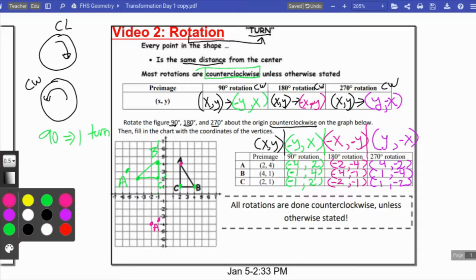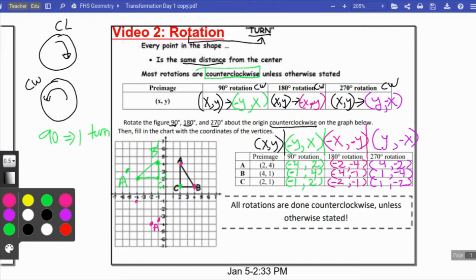Next, B was located at (4, 1), but now it's located at (-4, -1).